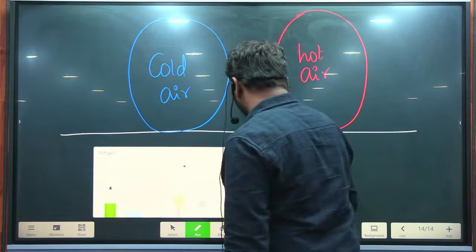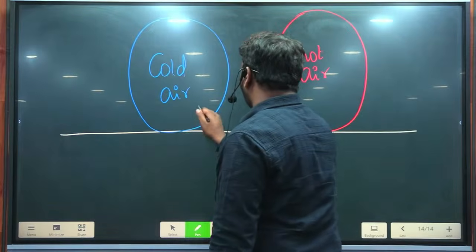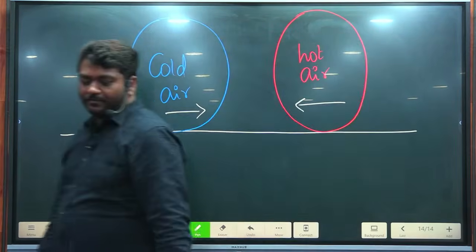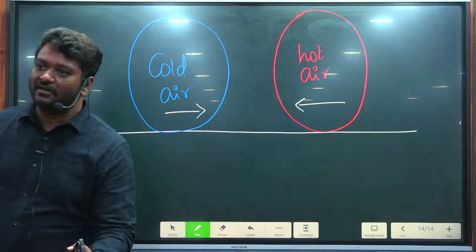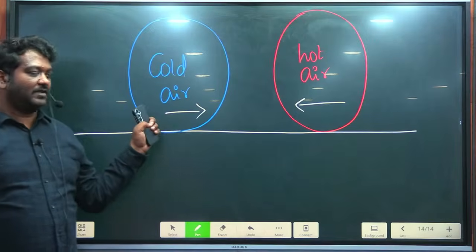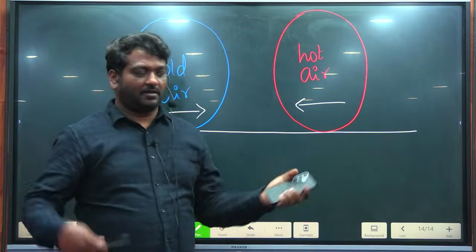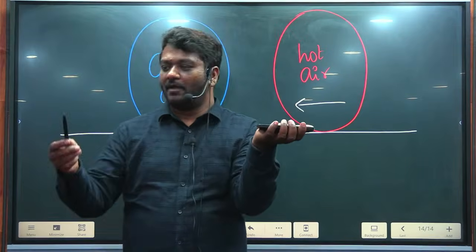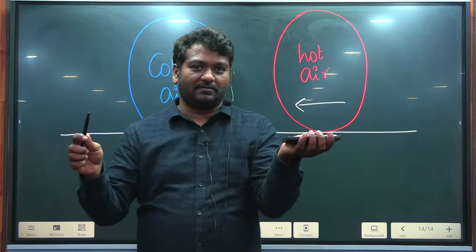Now, cold air and hot air hit. Can you tell which is heavier, which is lighter? Cold air is heavier, hot air lighter. Cold air is like a truck, hot air is like a bike.